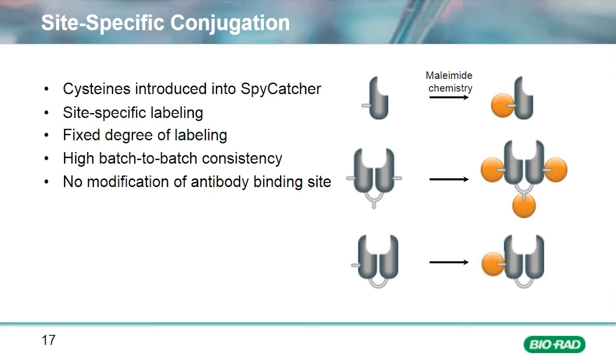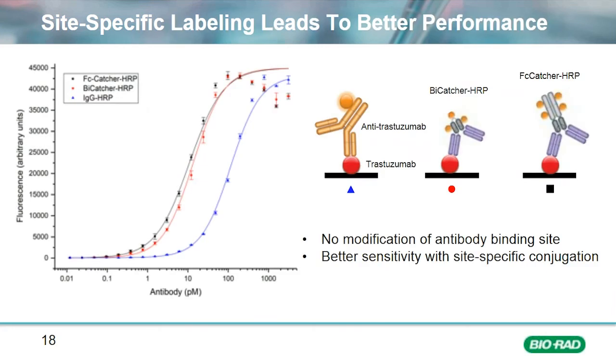Here we have used essentially direct ELISAs to compare different antibody formats of the same antibody. So we have two different SpyCatcher domains, they're both labeled, and we also have a mammalian expressed version of the same clone, which has been labeled by a primary amine chemistry method. So you see the different schematics on the right, and on the left you see the performance, and the version that was made by mammalian expression, the trend line is shown in blue.